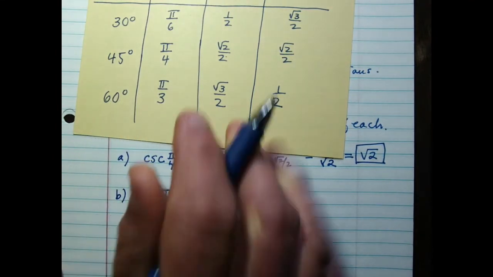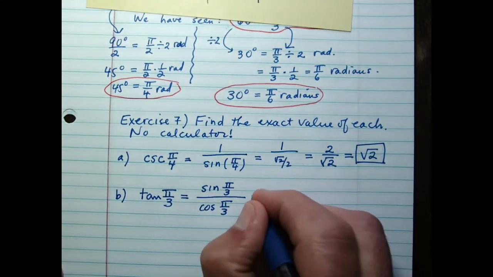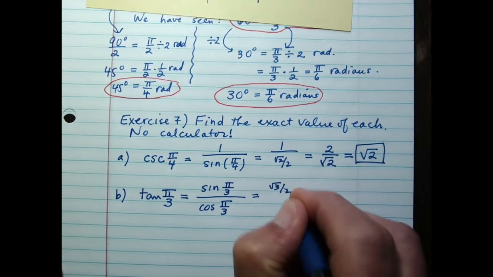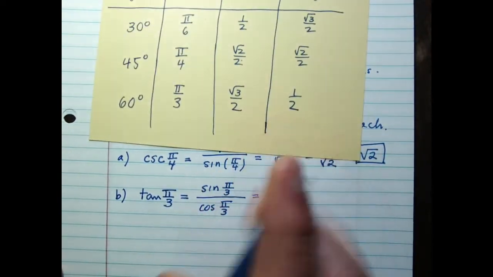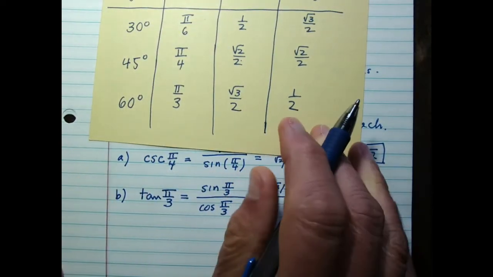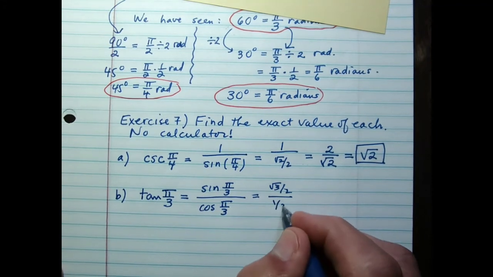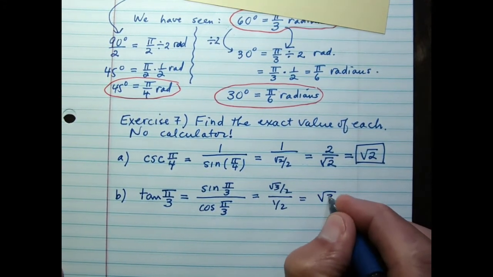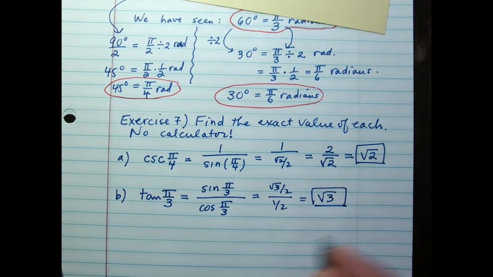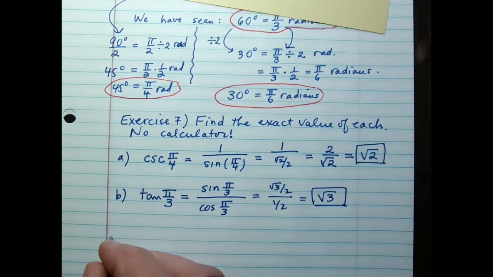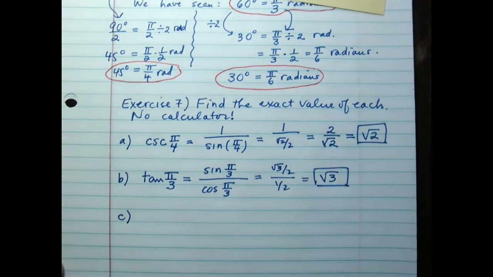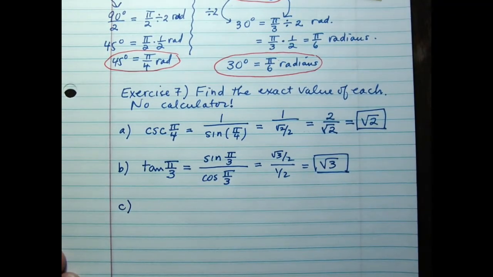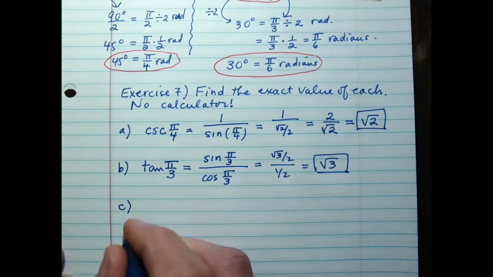The sine of pi over 3 is square root of 3 over 2. The cosine of pi over 3, same as the cosine of 60 degrees, is a half. And so you divide this out. You can work through the steps. You're going to see that it turns out to be square root of 3. Really the point is we already know these values. We just have to realize we're now describing the angles using radian measure.